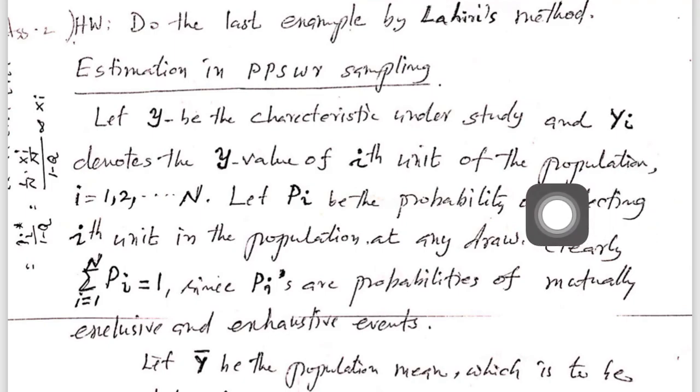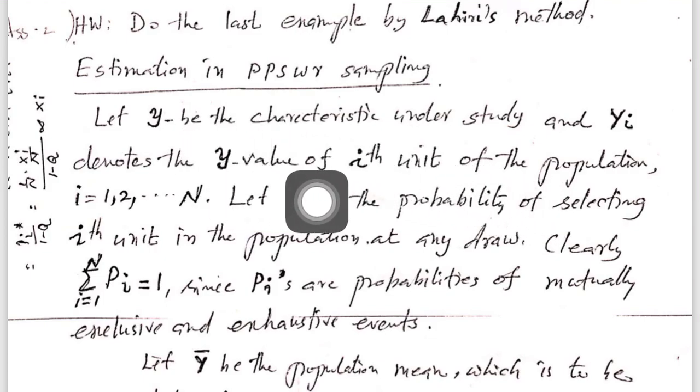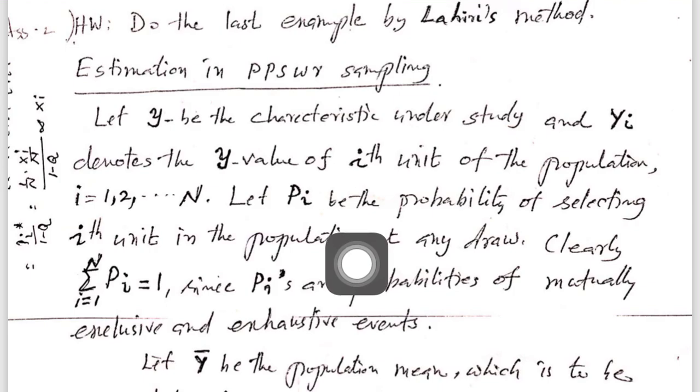X. Okay. And in estimation, the value of the X variable is not utilized for the computation of estimators, but the size of the units of the population will be utilized for defining the probability of selection of different units. So the probability will depend upon the size of the sampling unit.